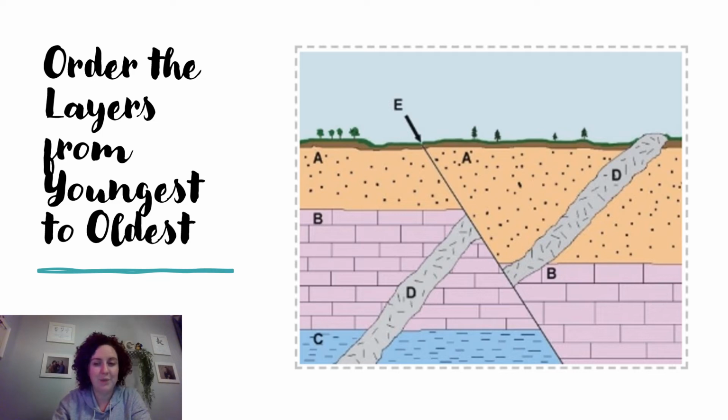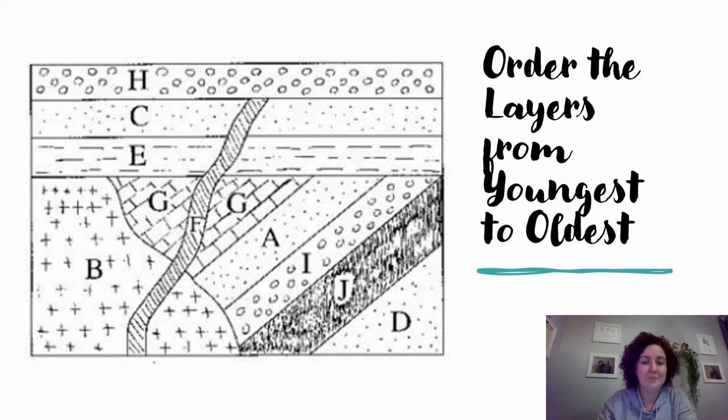Again, if you're super confused, come talk to me. Let's talk about it. One more practice. I promise you, it's worth it. Order the layers from youngest to oldest. You have nonconformities, cross-cutting relationships, angular unconformities, all that kind of fun stuff.